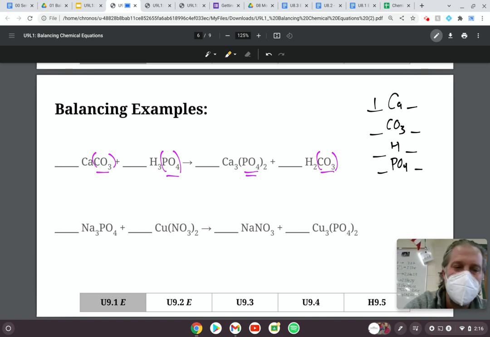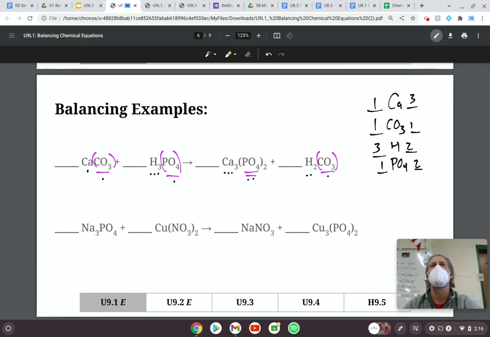I have 1 calcium, I have 1 carbonate, I have 3 hydrogens, I have 1 phosphate. On the right side, I have 3 calciums, 2 phosphates, 2 hydrogens, 1 carbonate. So now I treat those as individual units instead of carbon and oxygen and phosphorus and oxygen.